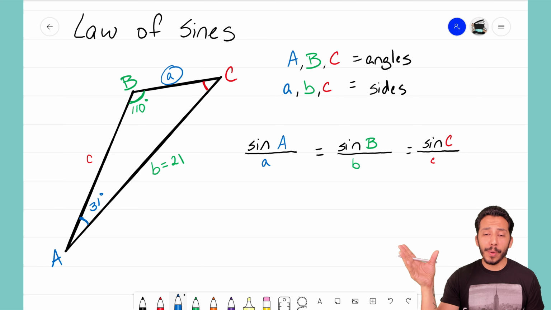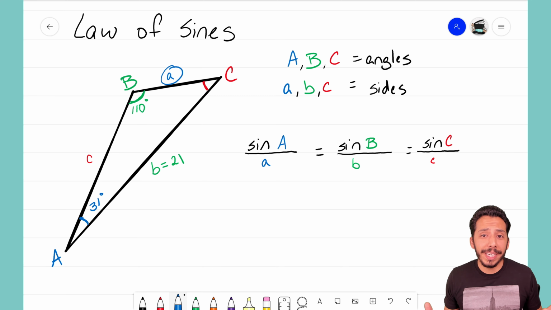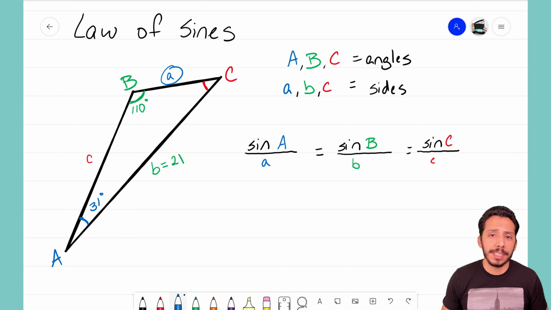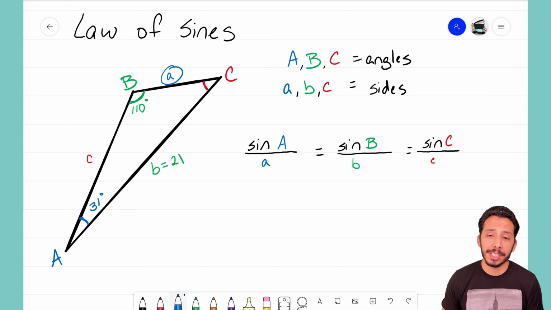And before we wrote out this law of sines, there's really no way to solve for it. We can't use our normal trig tools that we have because this is not a right triangle. But now, because of law of sines and these ratios that all equal each other, I can actually set up an equation to help me solve this problem. Let me show you how.